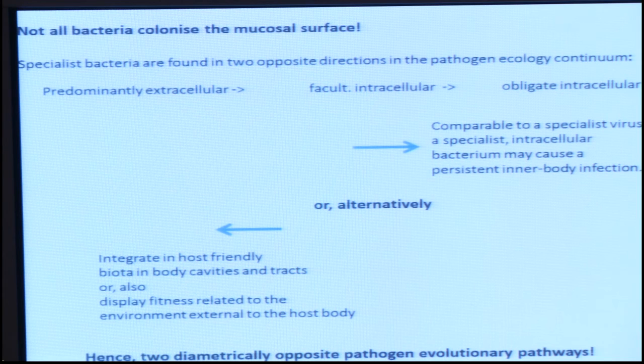Whilst oppositely, a bacterium at the mucosal surface might actually integrate with the microbiota, which we find particularly in the enteric tract environment. And so this applies to the specialist bacteria.